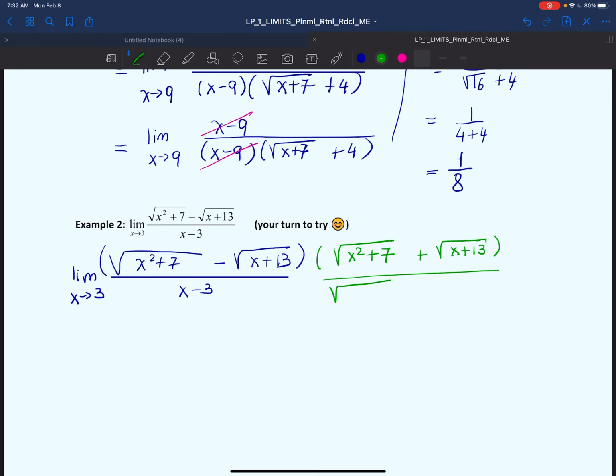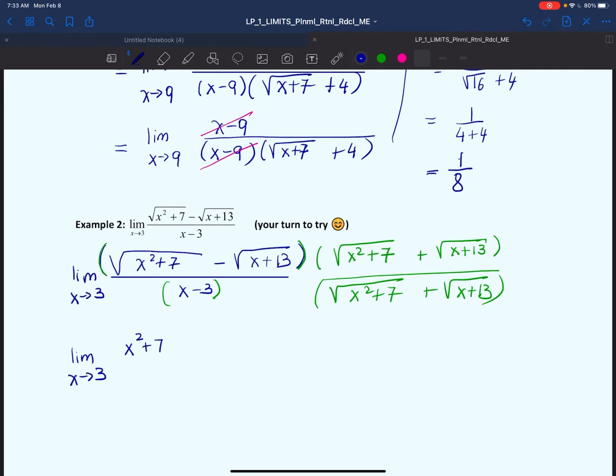And keep everything in brackets because you have binomials everywhere. So, again, difference of squares.